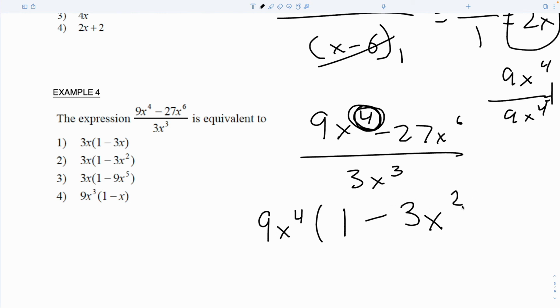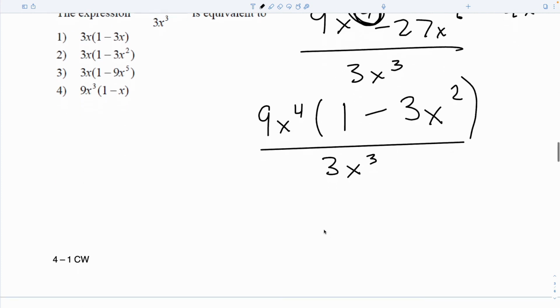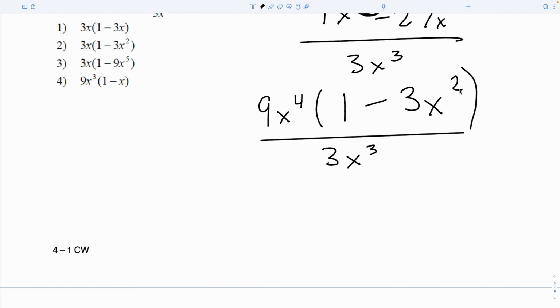27 divided by 9 is 3. X to the 6th divided by x to the 4th is x squared. That leaves a 3x to the 3rd down here. I do not have a binomial that I can cross out here, but I can cross out something here. Go back to your factoring unit or your exponent properties unit. 9 divided by 3 is 3. X to the 4th over x to the 3rd is the quotient property.